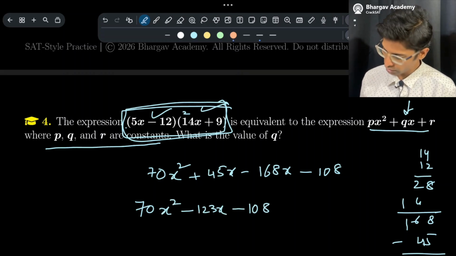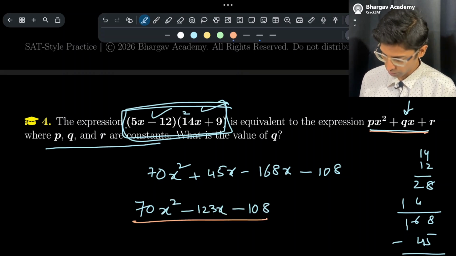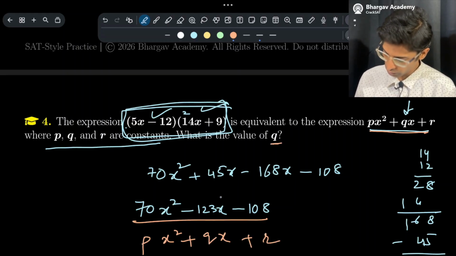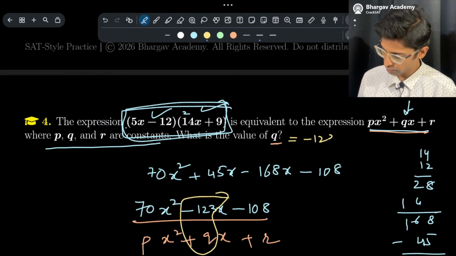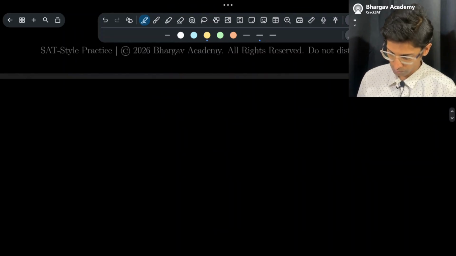So if I equate this expression with this, and it is asking to find the value of Q, that comes out to be minus 123. Let's go to the next question.